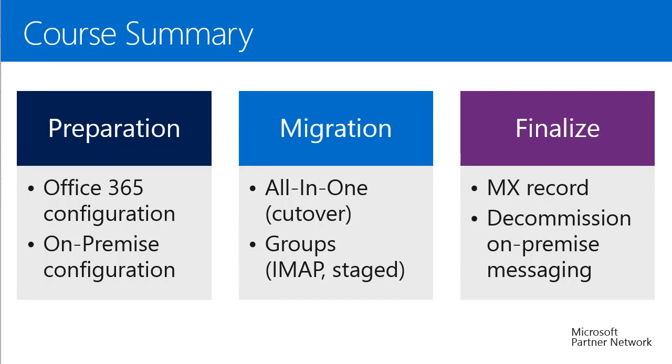In the migration phase, we have multiple choices, and we have the cutover migration, which will migrate all the users in one step during one weekend, for example. Or we can use IMAP or stage migration to migrate the users in groups. And in the final phase, we need to change the MX record and the auto-discover record, and optionally we can uninstall and decommission the on-premise messaging or the on-premise infrastructure.